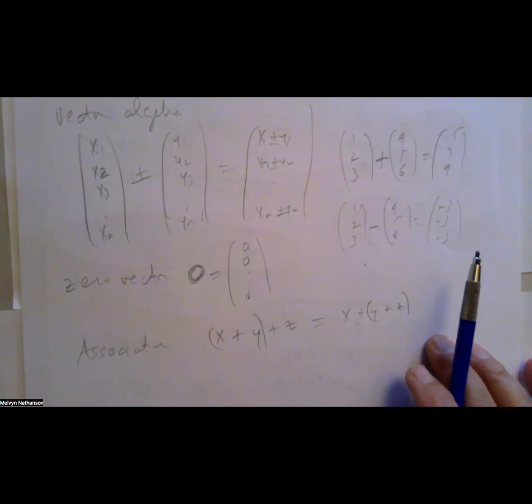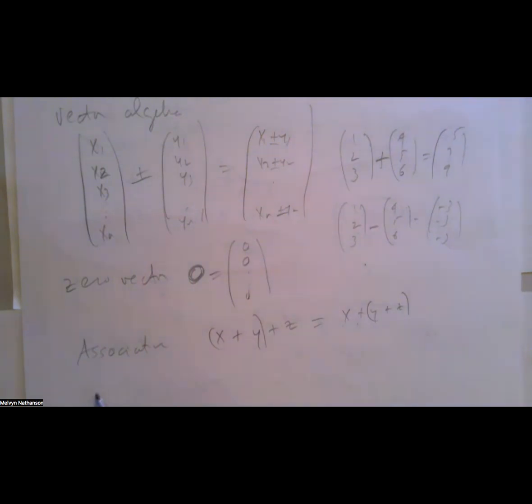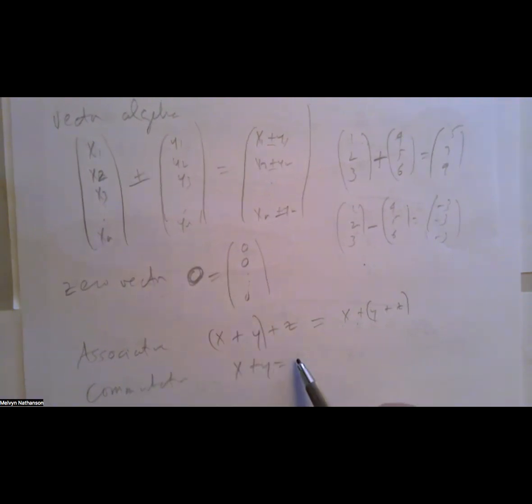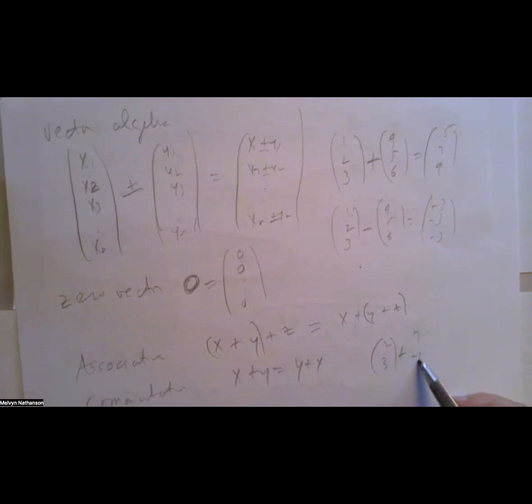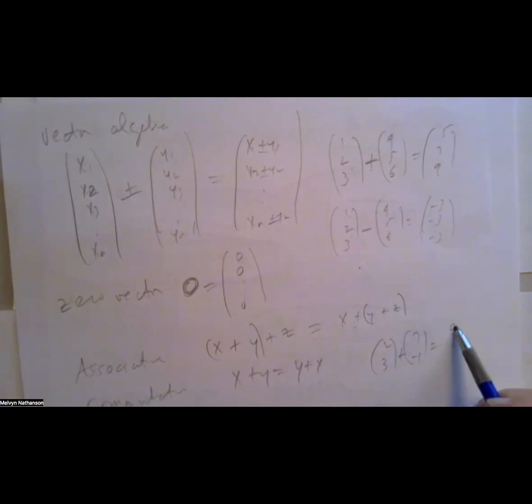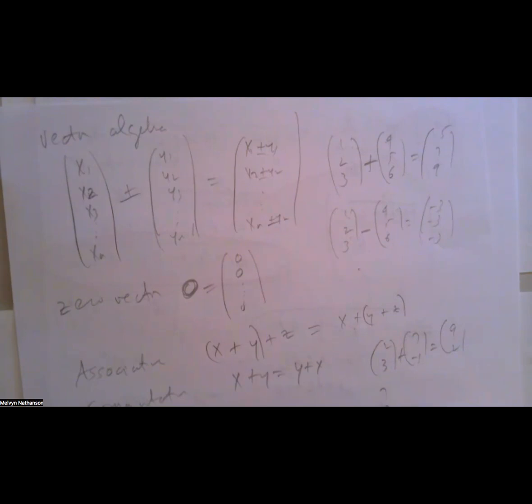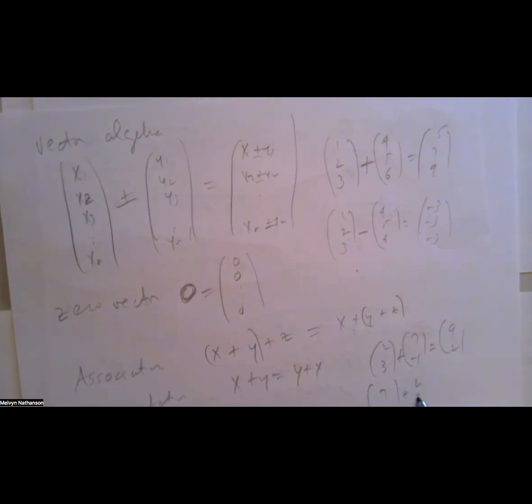Vector addition is associative. And it's also what is called commutative. x plus y is the same as y plus x. If you had (2, 3) plus (7, minus 1), that's (9, 2). If you add in the opposite order, it's still (9, 2).